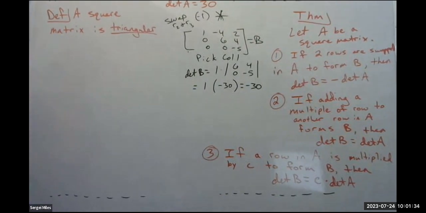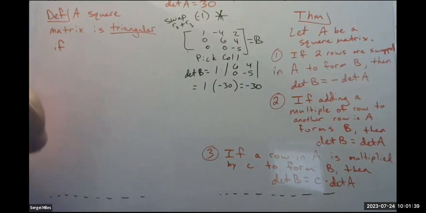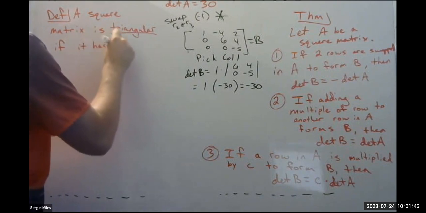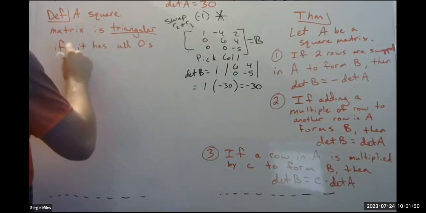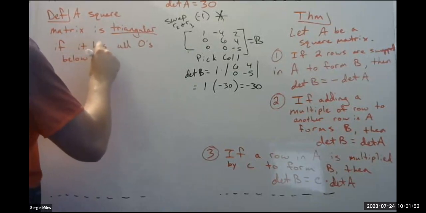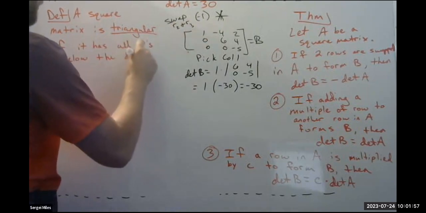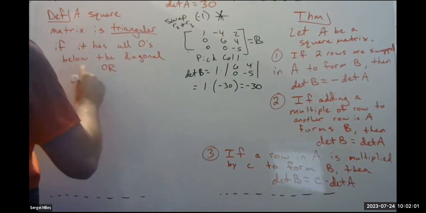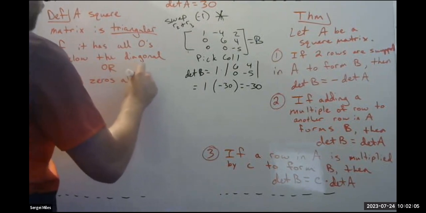It's a triangular matrix if it has all zeros below the diagonal, which is what we see in this example, or all zeros above the diagonal.